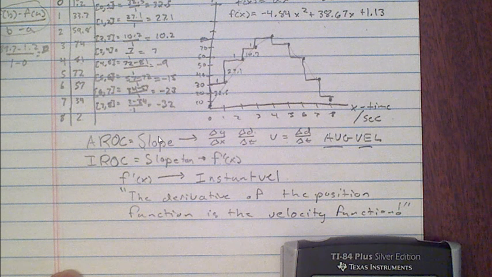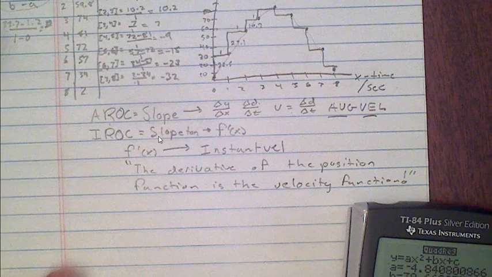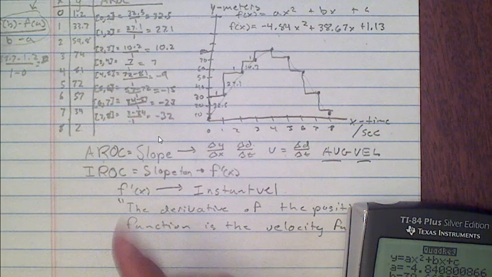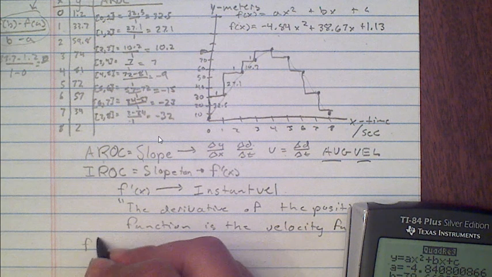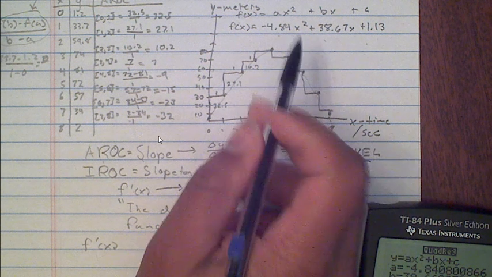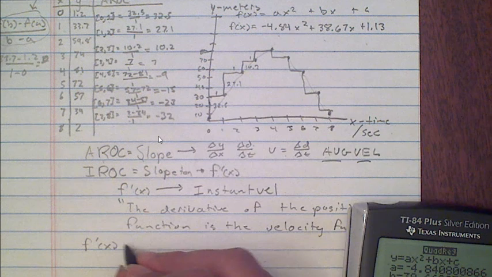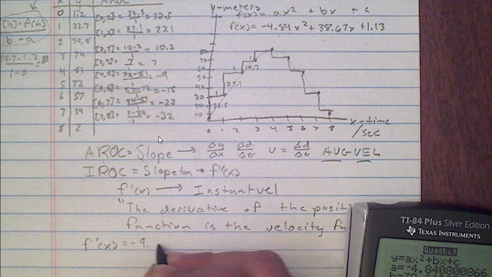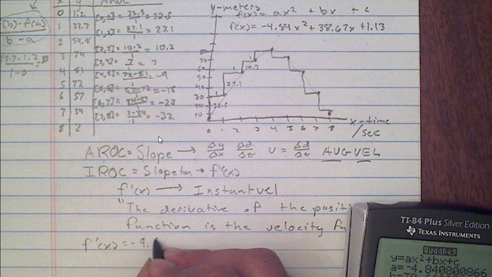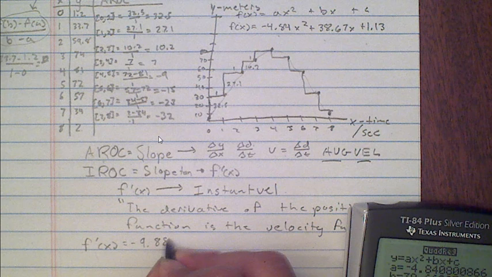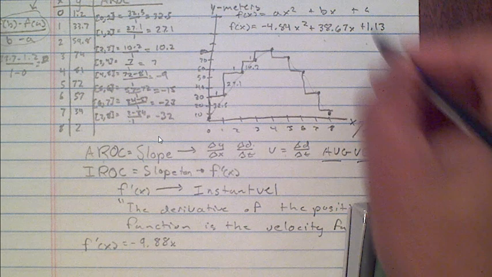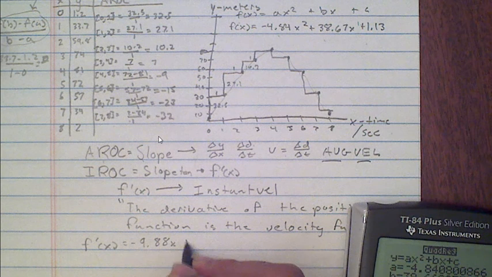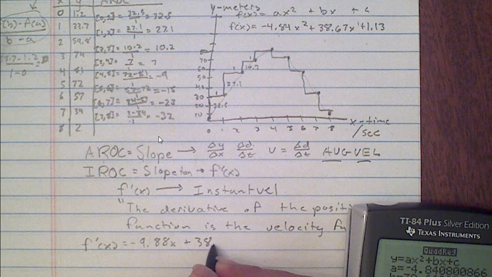Alright, let's go ahead and find the derivative. Given our original function right there, f prime of x would be, power rule, multiply, negative 9.88 x, and that's x to the 1, so it multiplies, plus 38.67.